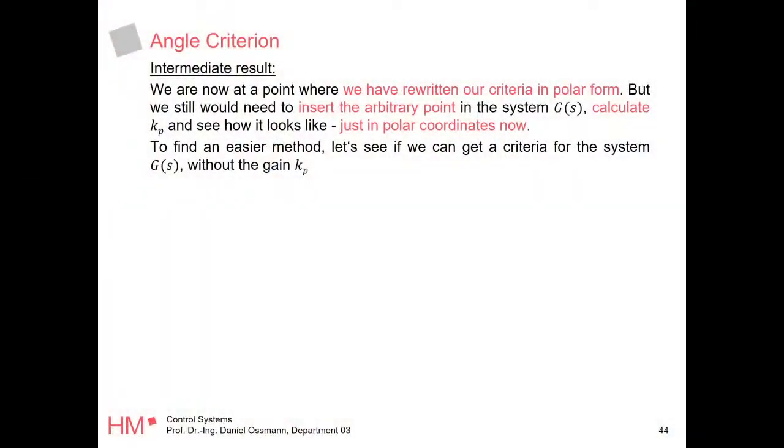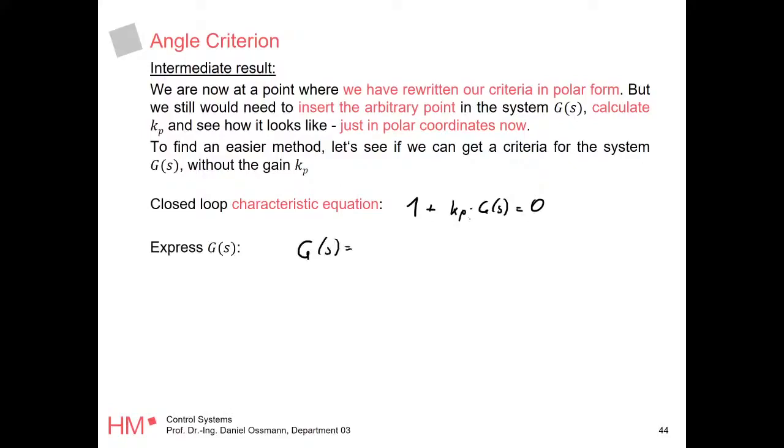Okay, so let's take our characteristic equation one more time. We said our characteristic equation is nothing but 1 plus Kp times G of s, right? This is, when you close the loop, the denominator of your closed loop, for example, of the complementary sensitivity, right? Okay, now let's express G of s here. G of s is nothing but minus 1 over Kp, okay?